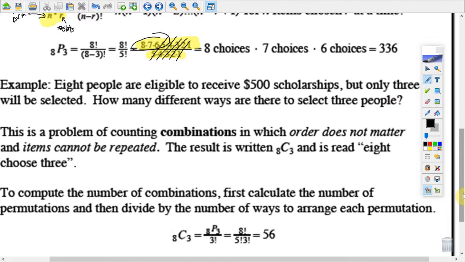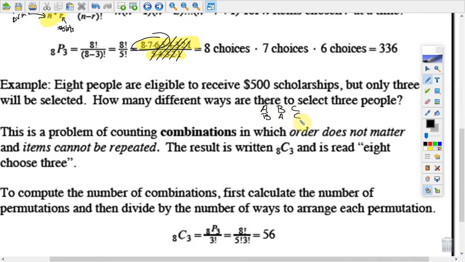So that's actually going to eliminate a lot of options, because if we think about there being 3 people, and let's say we gave these people names, really clever names like A, B, and C. In a permutation where order mattered, ABC would be different from BAC.